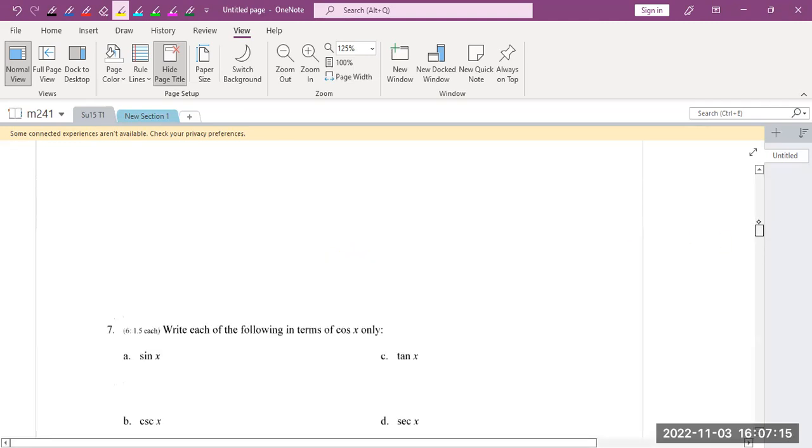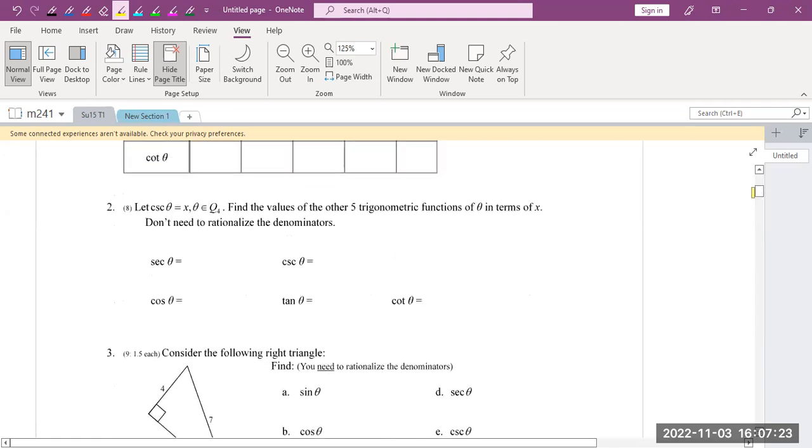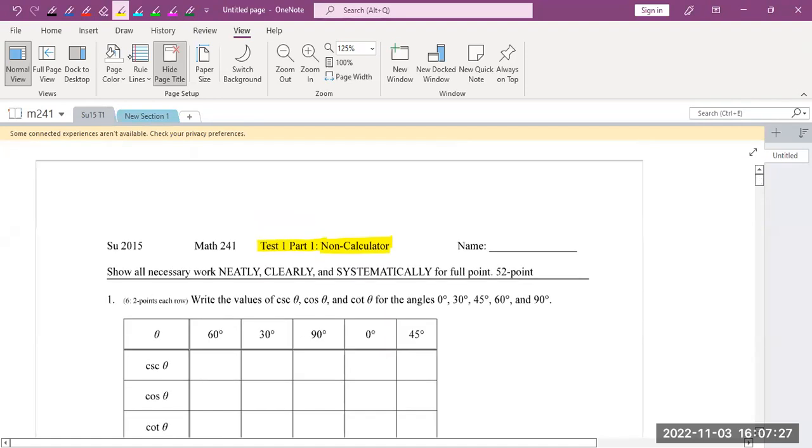In your case, it simply means that when it is non-calculator, you don't use calculator when you do those problems. Therefore, the answers have to be in exact form. Oh, by the way, when I say non-calculator, you don't use calculator at all. Not even your cell phone calculator.